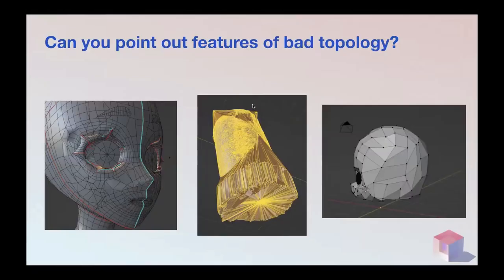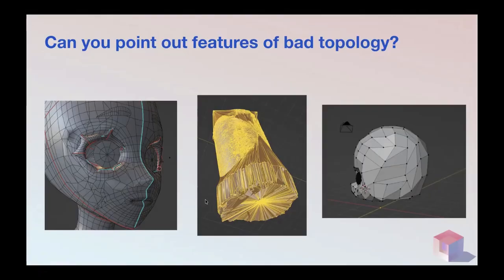So, let's talk about why these are bad topology after we talked about all of these. For the first face, it's pretty obvious because it has some n-gons over here. They don't have good edge flow as we talked about. There are a lot of n-gons, and they don't follow the quad mesh that we required.